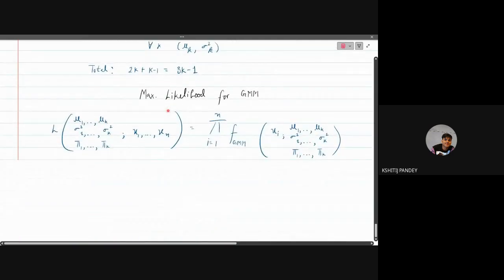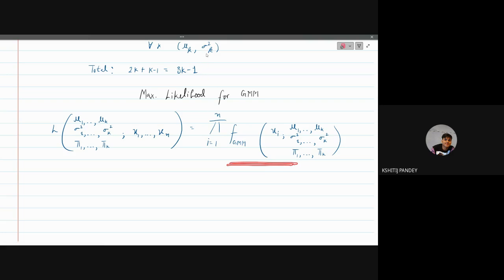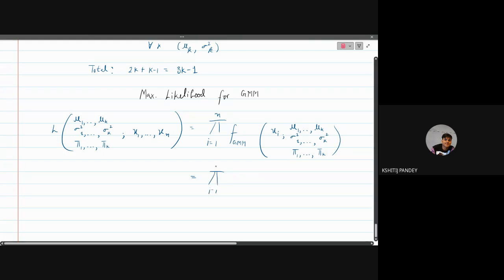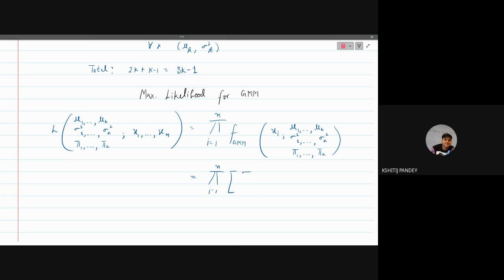So when we use this logic here, what do we get? This product remains here, i from 1 to n, and now each point can be generated by k mixtures.